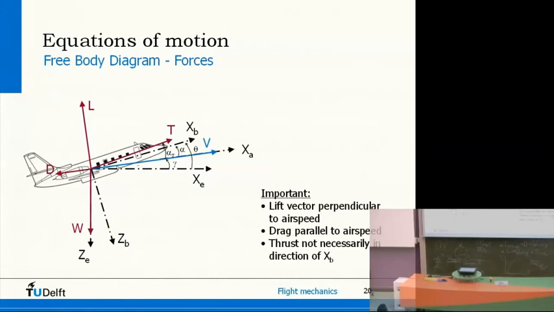The y-axis is in fact pointing outside the board, but L is perpendicular to the airspeed vector.